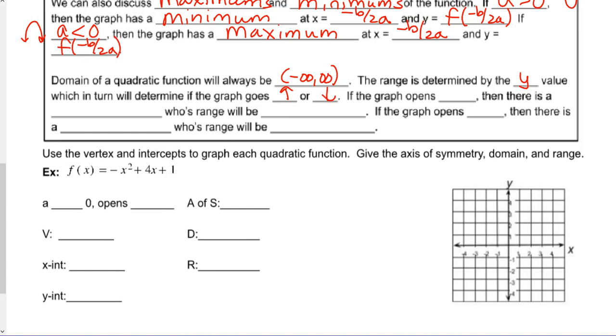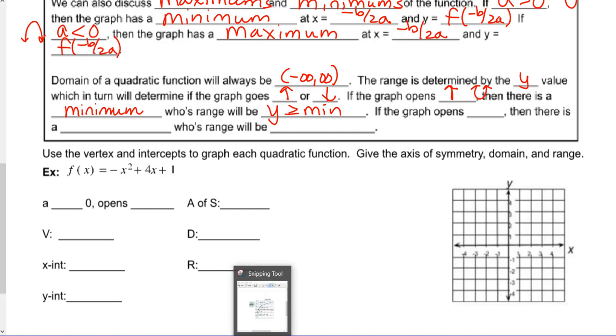Now, if the graph opens up, which is like this, remember, then there is a minimum whose range will be that I want all y values greater than or equal to that minimum. Now, if the graph opens down, then remember there is a maximum, and the range will be everything less than or equal to that max. So we want y to be less than or equal to the maximum.